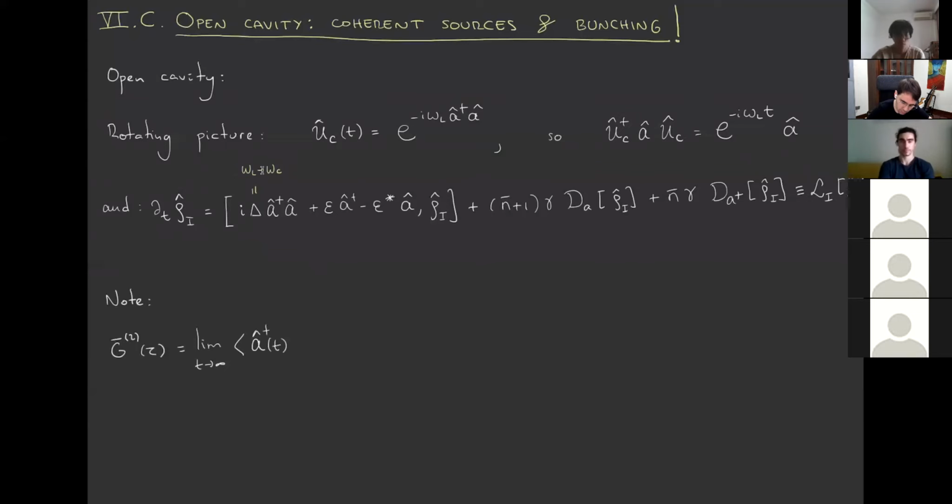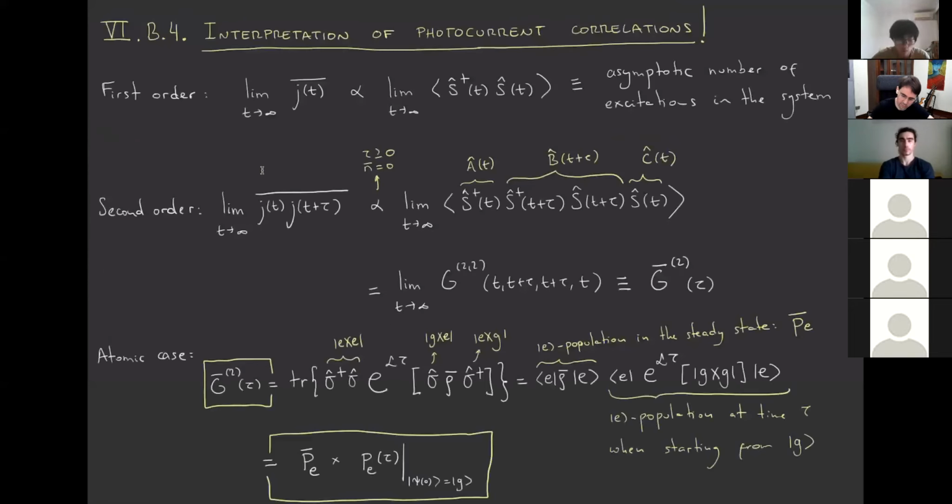So this is the expectation value of A dagger at T, the number operator at T plus tau, and then A at T. So this is how the G2 function looks for the cavity. I just remind you quickly, the G2 function is what comes from this expression here. So S now is A, then B is A dagger A, with B dagger on the left and B on the right.